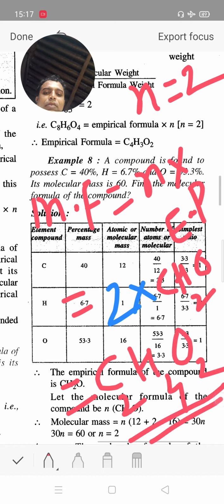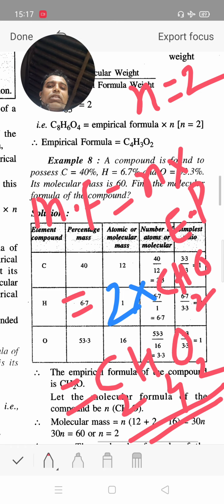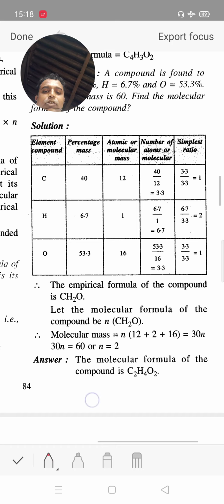It is the molecular formula of the compound which has carbon percentage 40, hydrogen percentage 6.7 and oxygen percentage 53.3%. We calculate the molecular formula C2H4O2. Look at this example, C2H4O2 molecular formula. Calculate this way.